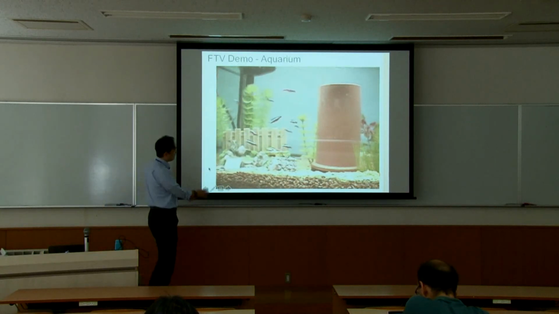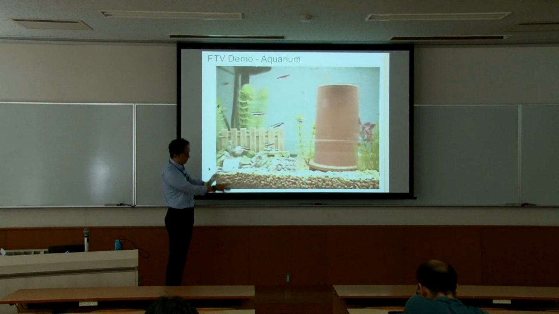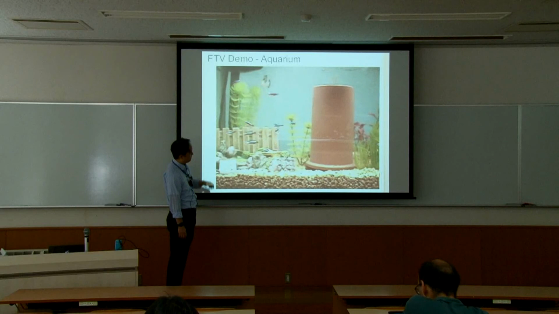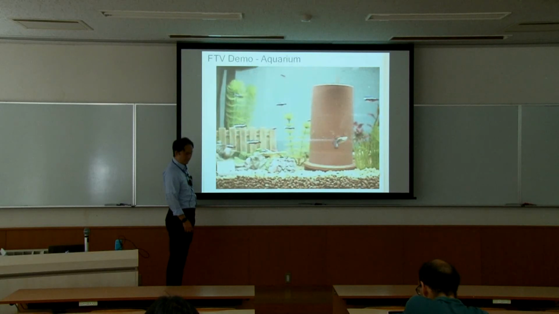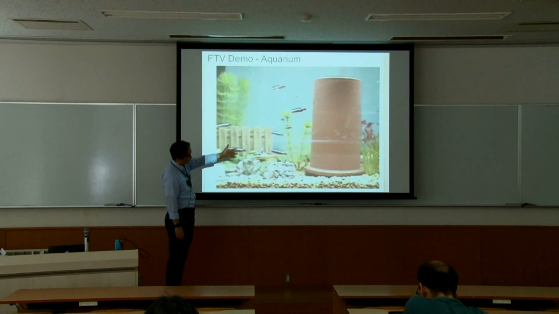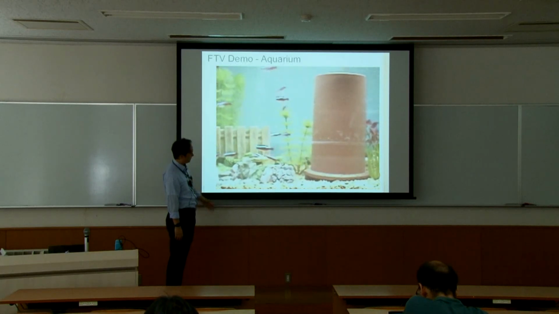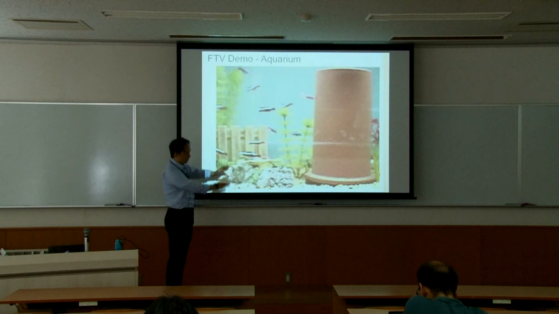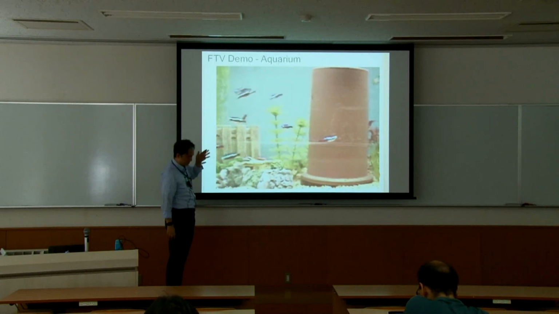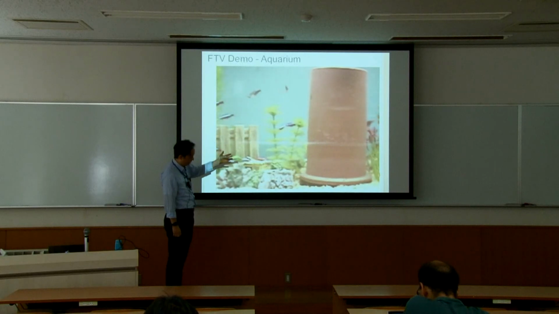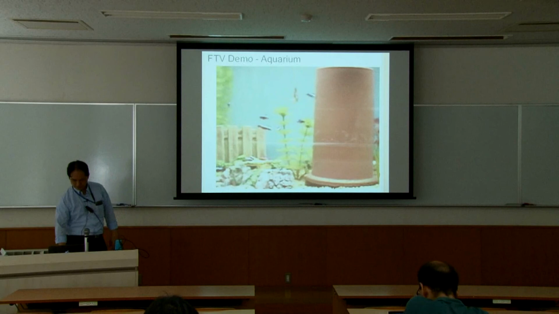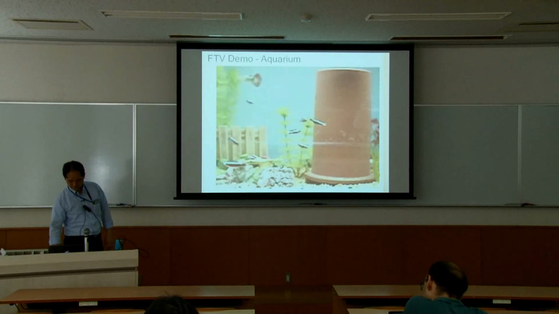After ray space processing, we can see this kind of free viewpoint image. So an interesting thing, we can go through the aquarium. This is very interesting. This is not just enlarging, we can really go into the aquarium. Okay, this is the total system.